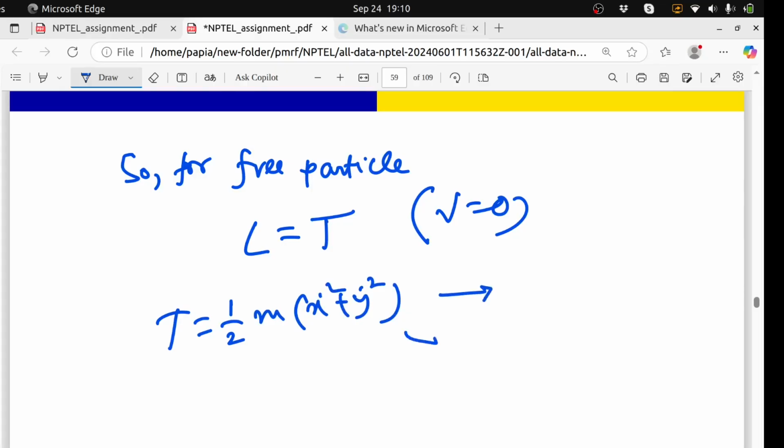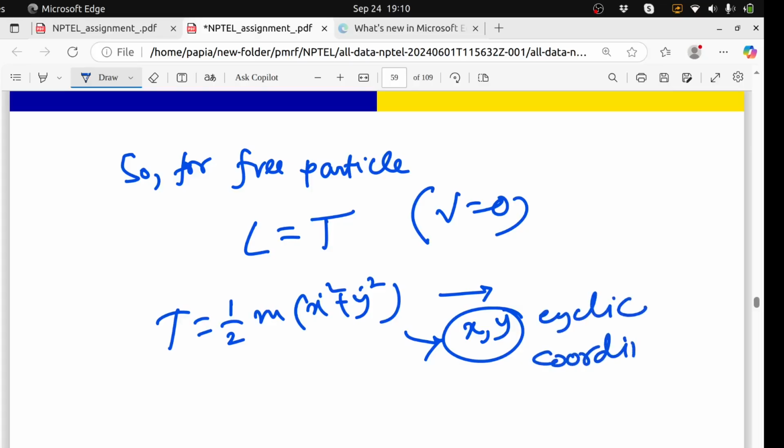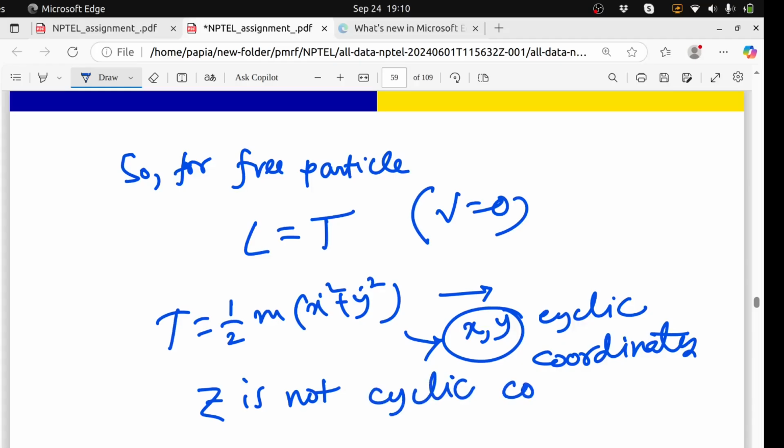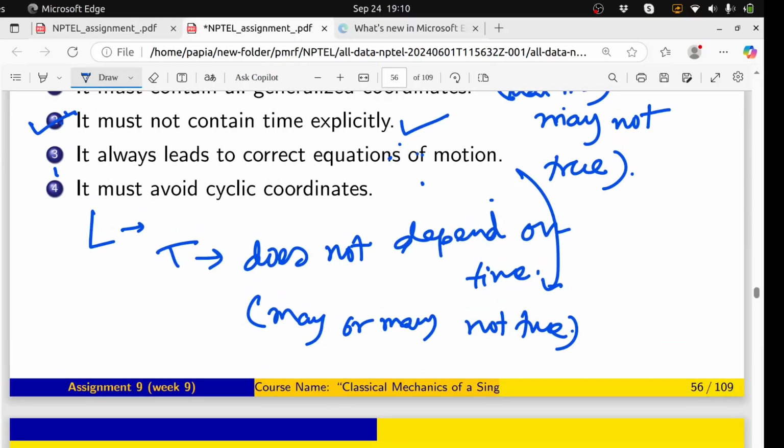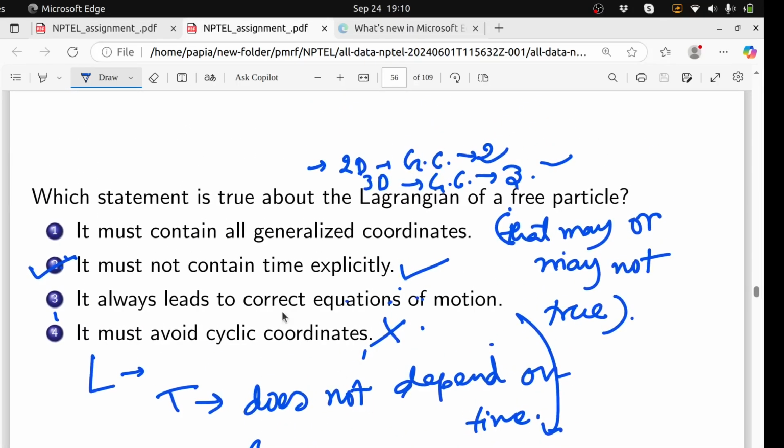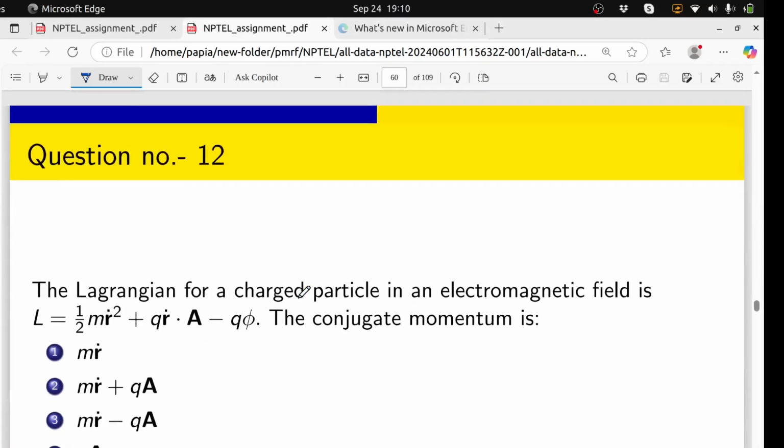Here you can see that x and y are cyclic coordinates, but z is not a cyclic coordinate. So for this case also it will not be the correct one. It must avoid all cyclic coordinates, that is not true. So for the Lagrangian of a free particle, it must not contain time explicitly. That is the correct one.